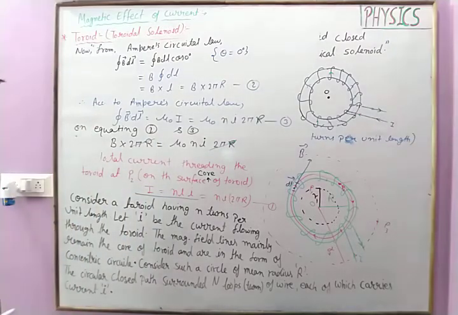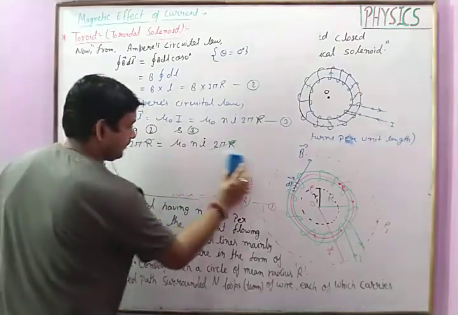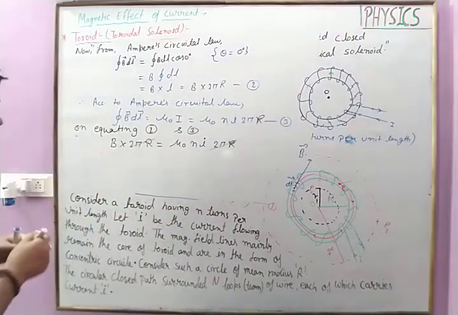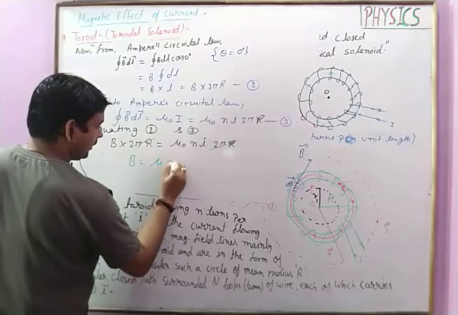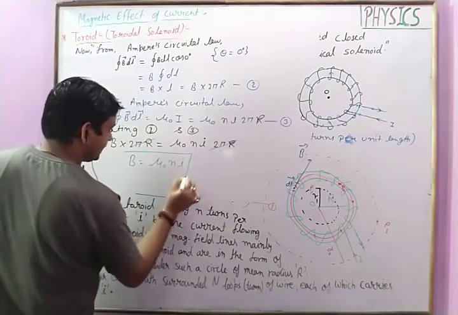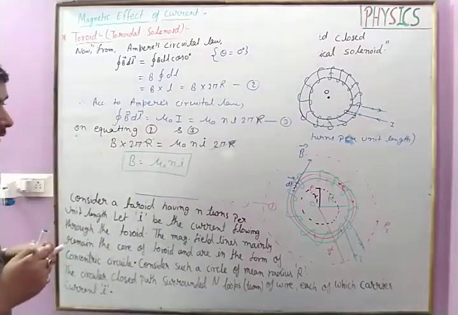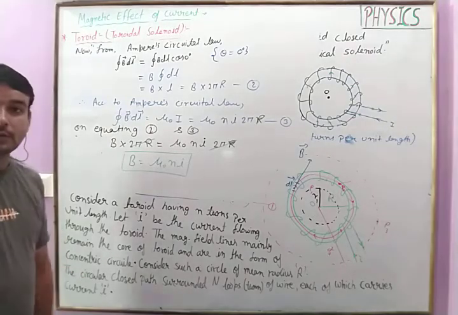Therefore the magnetic field due to a toroid B is equal to mu naught N i. This is the magnetic field of a toroid. Just copy it.